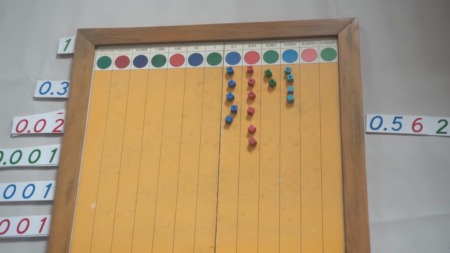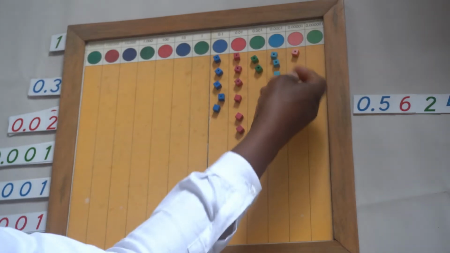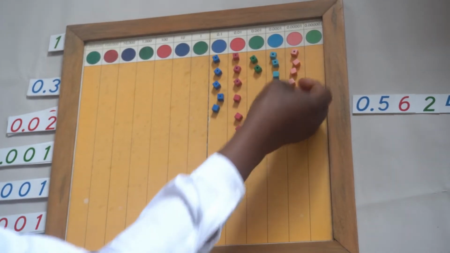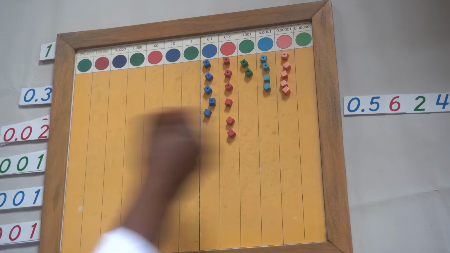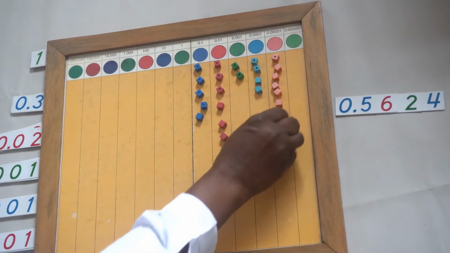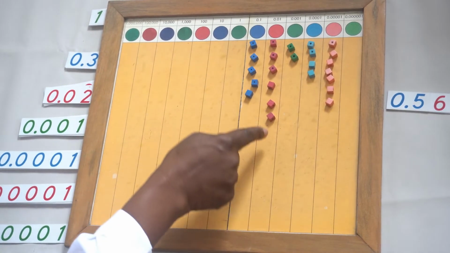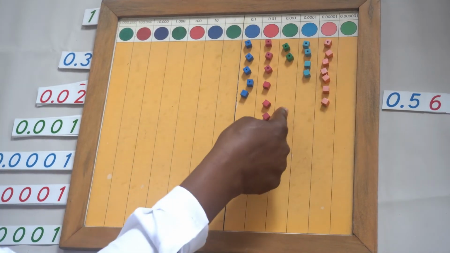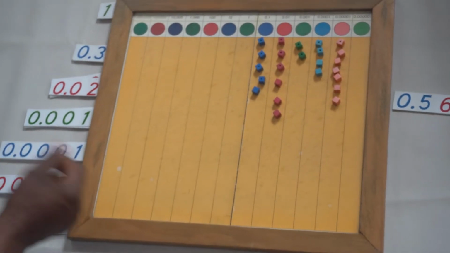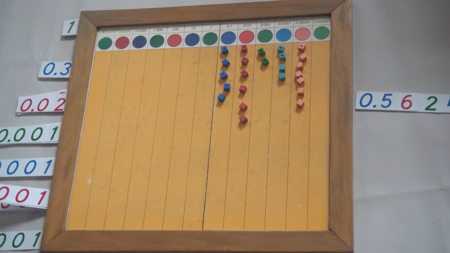I can decide to add more quantities. Suppose I add 1 hundred thousandth, 2, 3, 4, 5, 6, 7 hundred thousandths. So that means I have 5 tenths, 6 hundredths, 2 thousandths, 4 ten thousandths, and 7 hundred thousandths. So I go to the hundred thousandths category and look for 7 hundred thousandths.